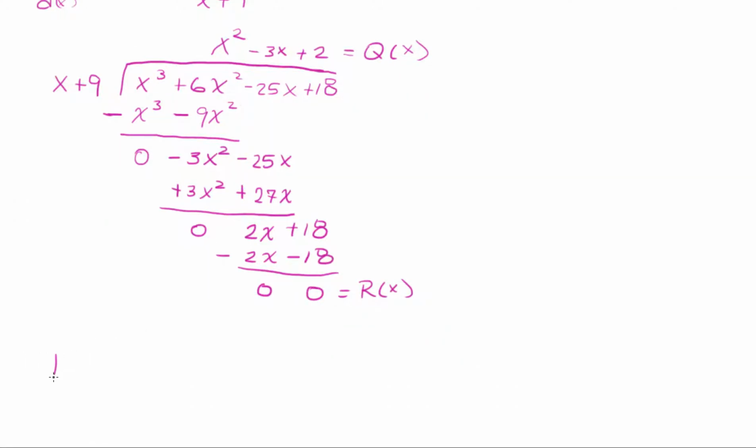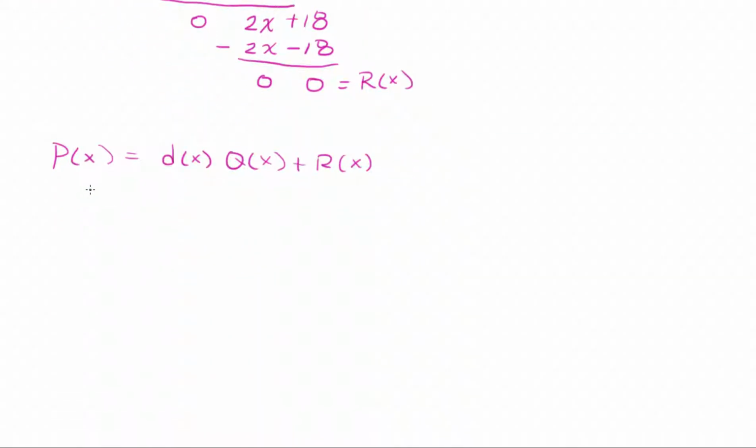So that means that p of x, which is d of x times q of x plus r of x, we just have to substitute all the terms.